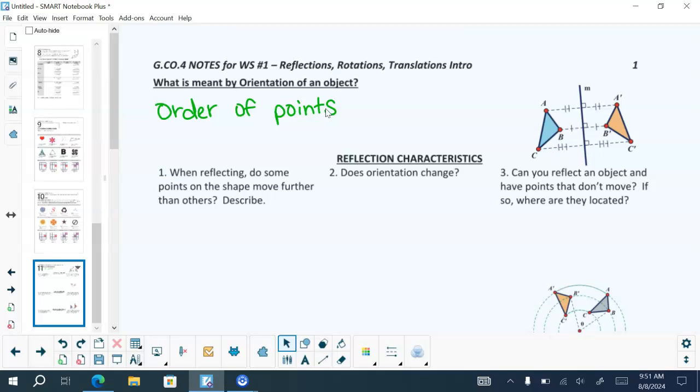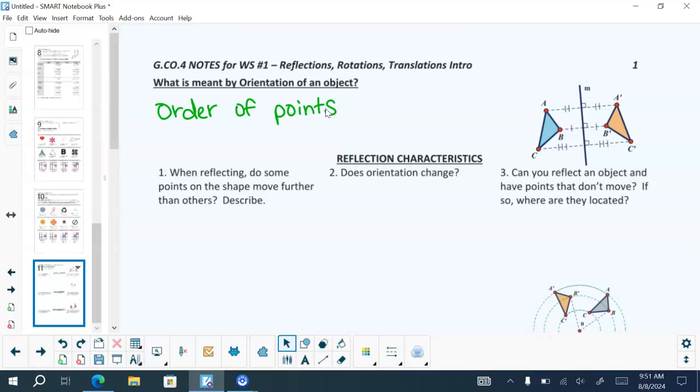Okay? So for reflections here, the first question that they ask is when reflecting, do some points on the shape move further than others? And describe why you think that. And then does the orientation change? And can you reflect an object and have points that don't move? If so, where are they located?